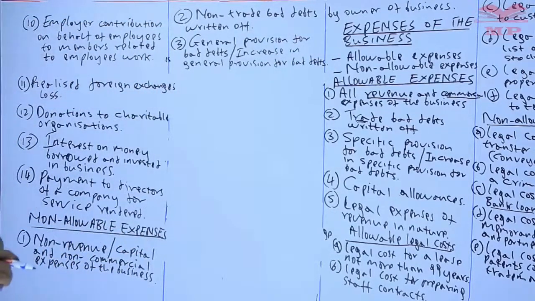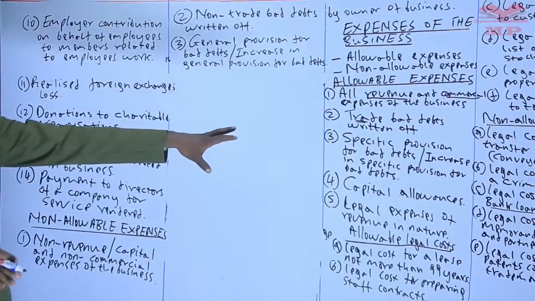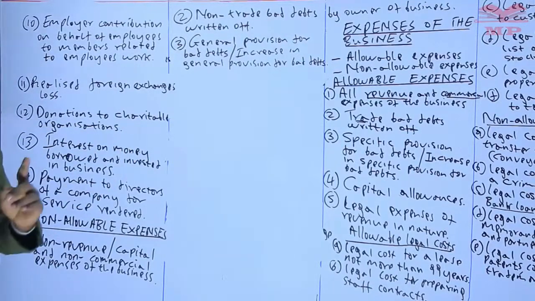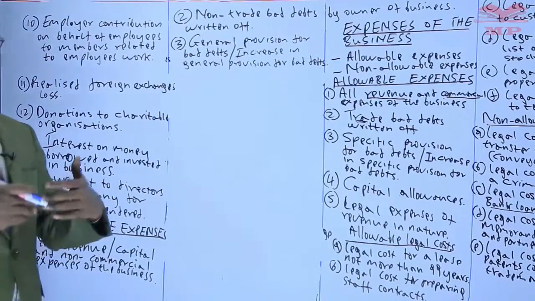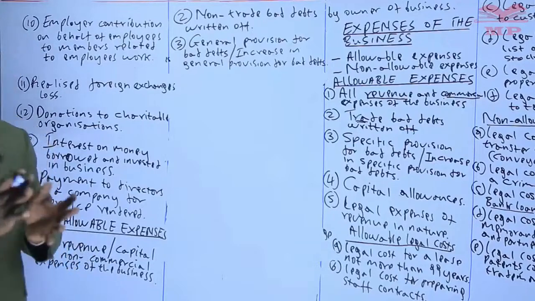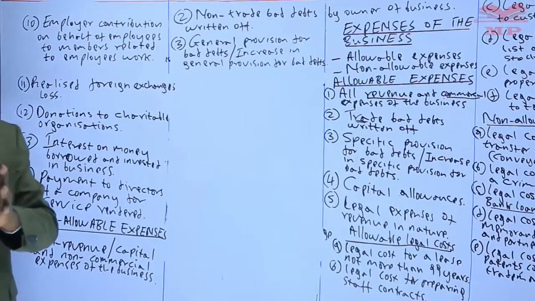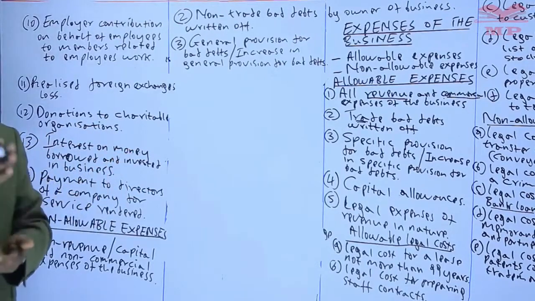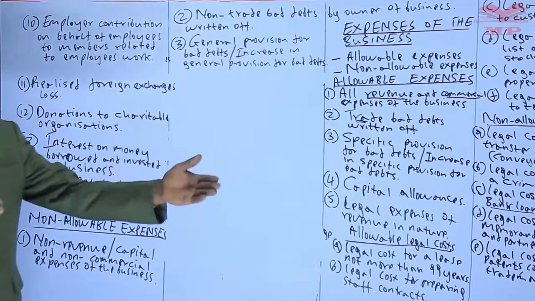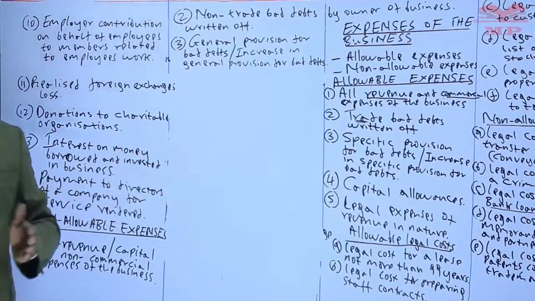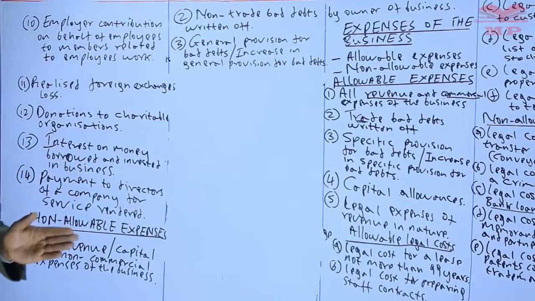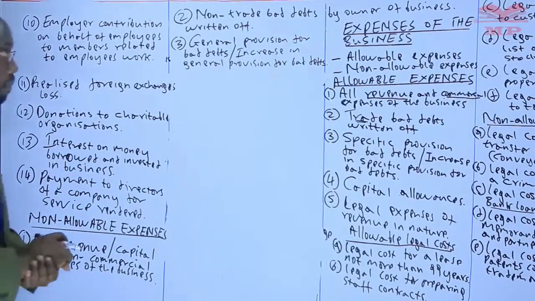We had said if it is specific provision for bad debt or increase in specific provision for bad debt, that is allowable. General provision, we said, normally arises as a result of estimation. So when you compare general provision at the start and at the end, and you find that they have increased, for example, at the start 20, at the end 25, that year it means that you created 5 million more. That is not supposed to be allowable against the taxable incomes of the business.